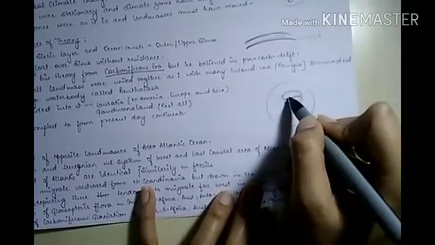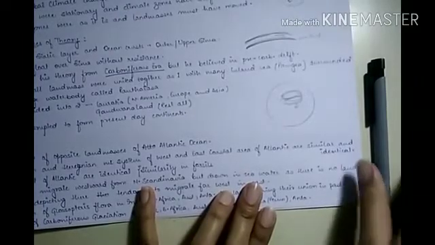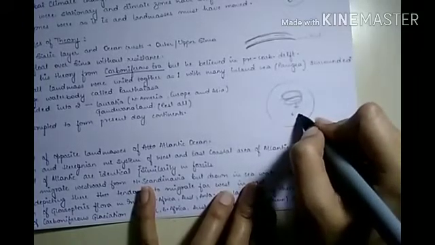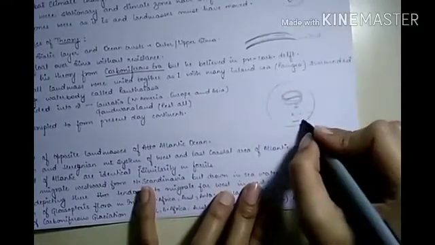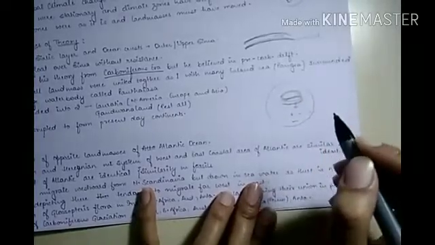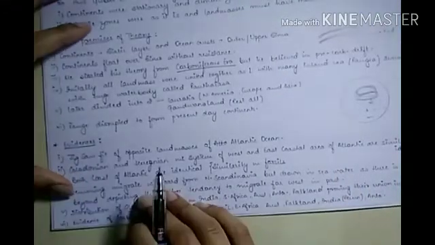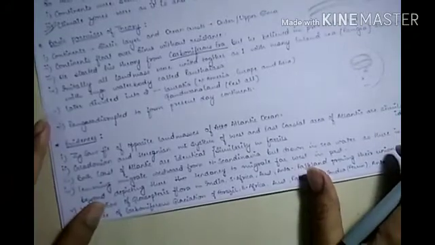Laurasia or Angaraland consisted of North America, Europe, and Asia, and other areas like Africa, South America, Antarctica, India, Australia, etc., were part of Gondwanaland. This Pangaea was disrupted to form present-day continents.